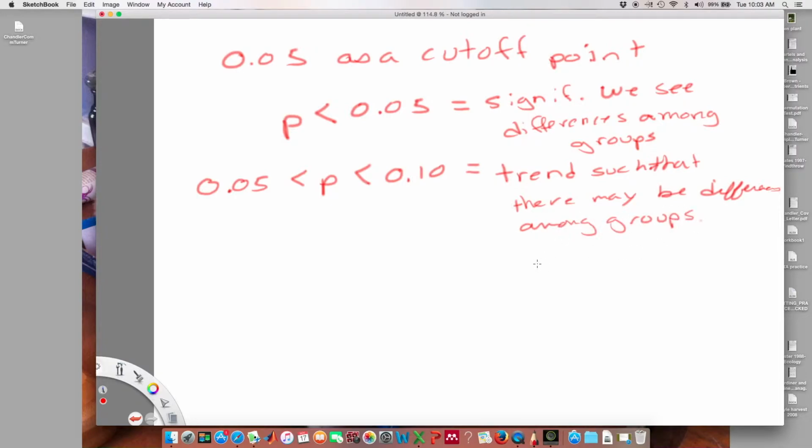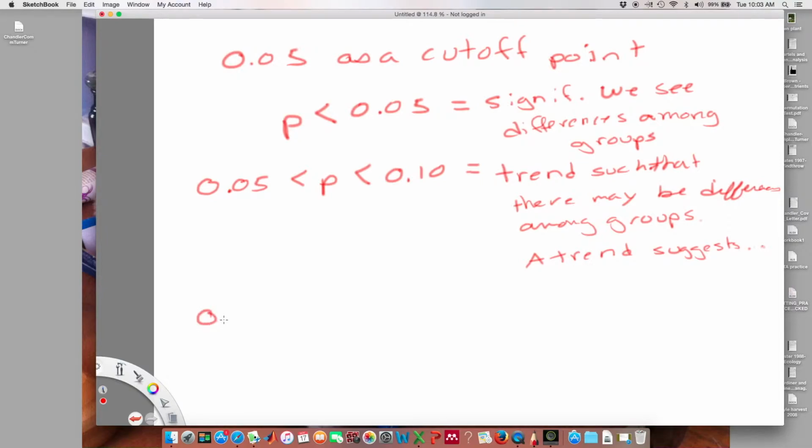Or maybe a better way to say it is a trend suggests that there are differences among groups. So in this scenario, we will be between 5% and 10% wrong in saying that we have differences among our means. So we call that a trend.